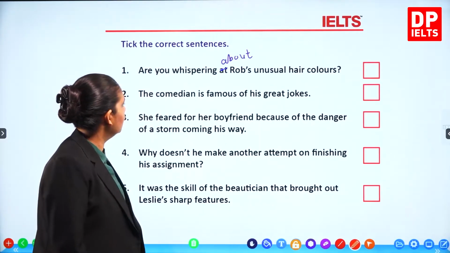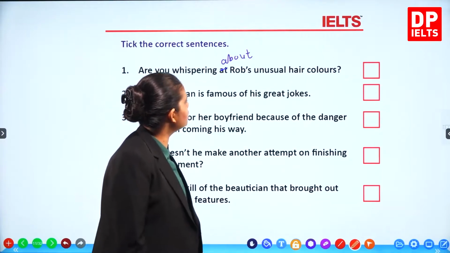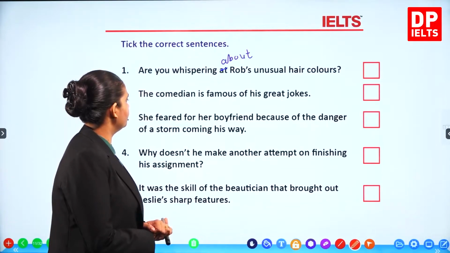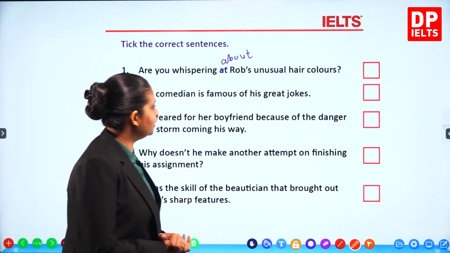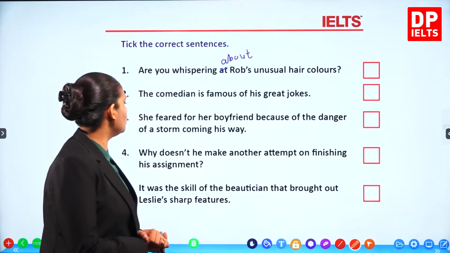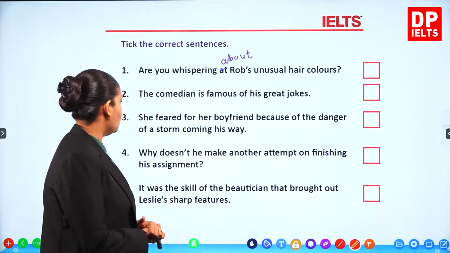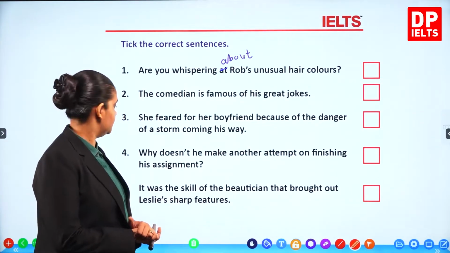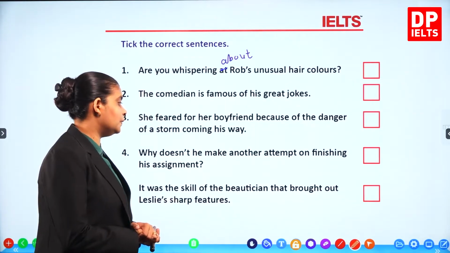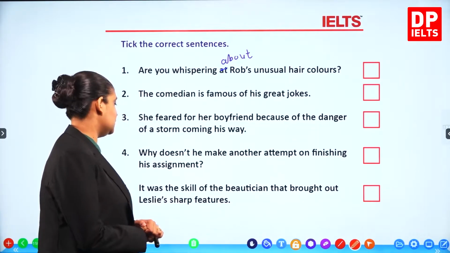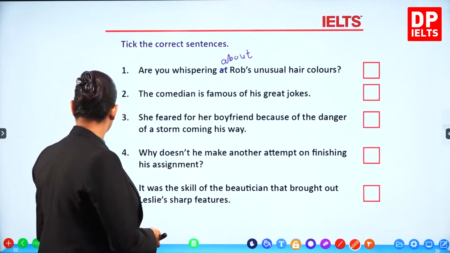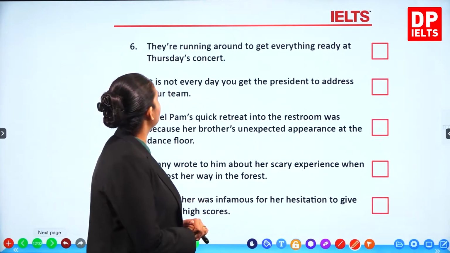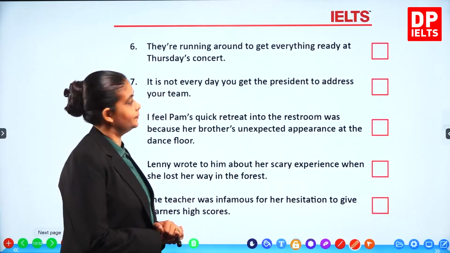Okay? The comedian is famous of his great jokes. Think if it's right or wrong. She feared for her boyfriend because of the danger of a storm coming his way. Why doesn't he make another attempt on finishing his assignment? It was the skill of the beautician that brought out Leslie's sharp features. They are running around to get everything ready at Thursday's concert.